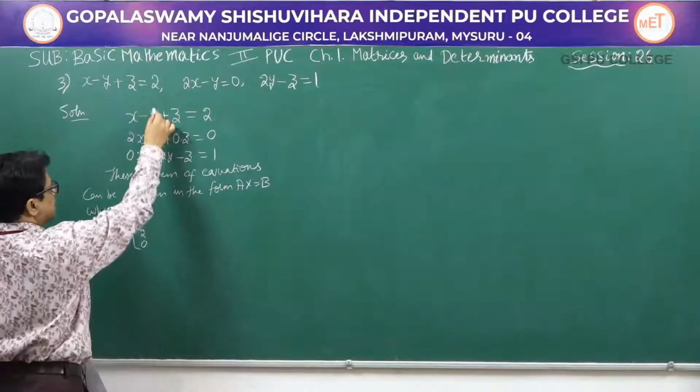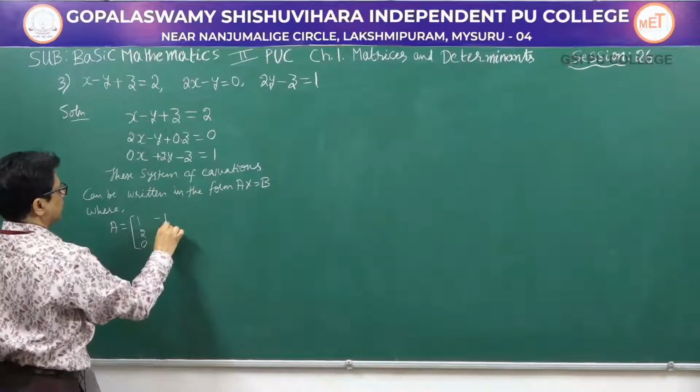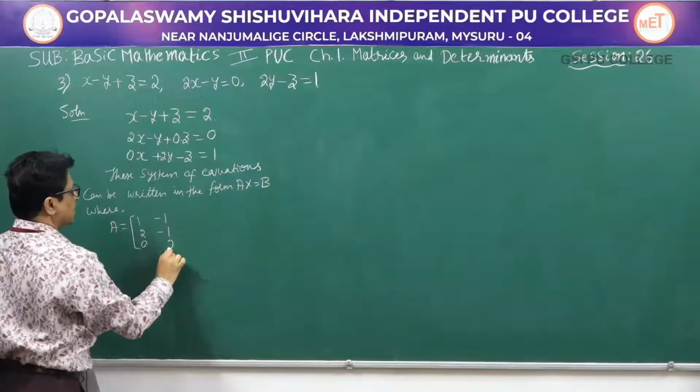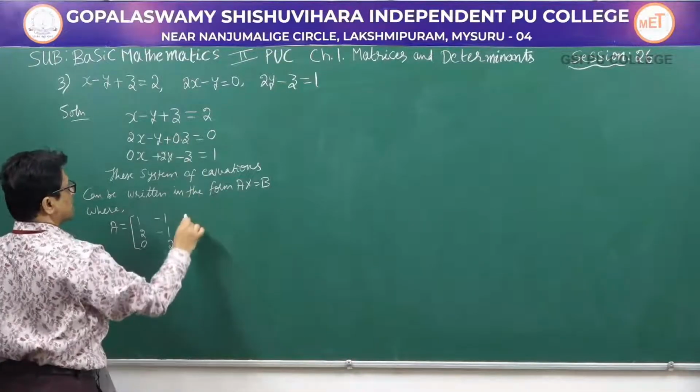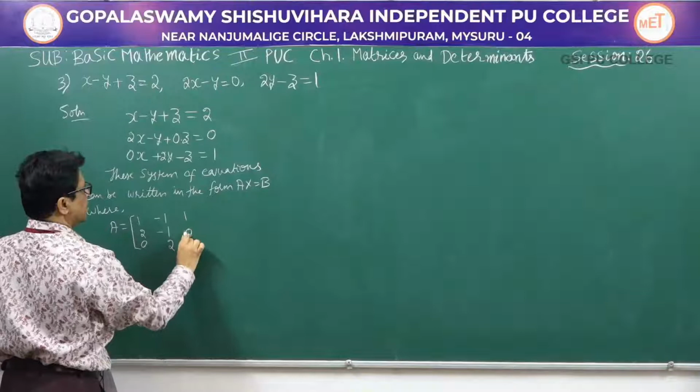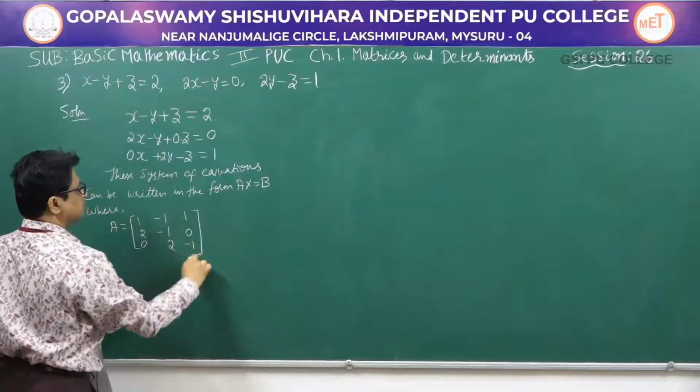Next we write the coefficients of y in the second column: minus 1, minus 1, 2. In the next column we write the coefficients of z: 1, 0, minus 1.